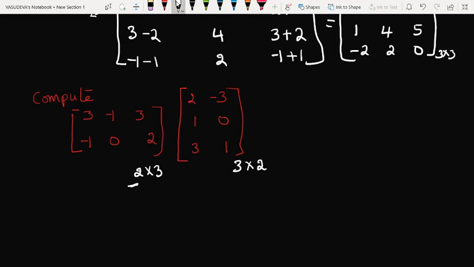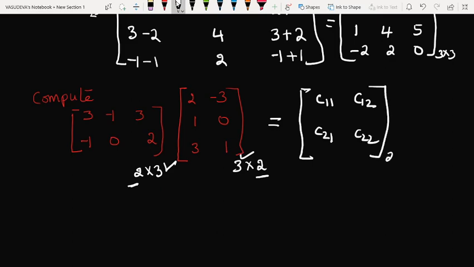It will be 2 by 2, because the number of columns of the first and the number of rows of the second are both 3, equal. So it must have 2 rows and C11, C12, C21, C22. So it is of order 2 by 2.